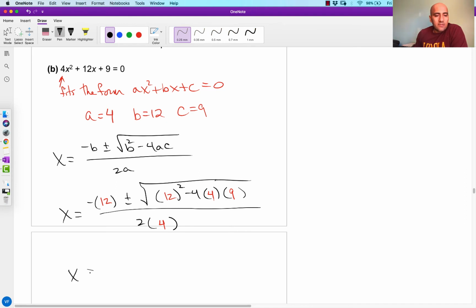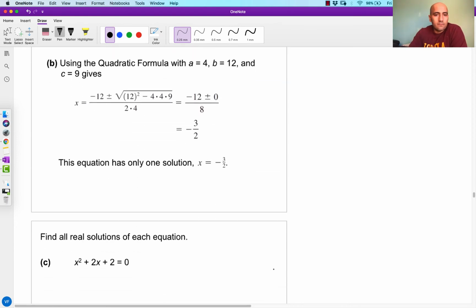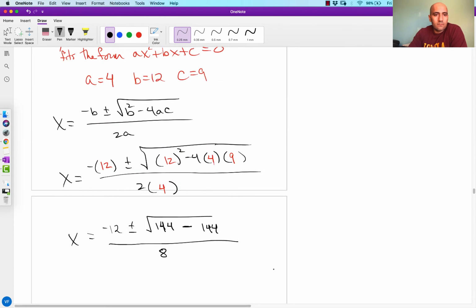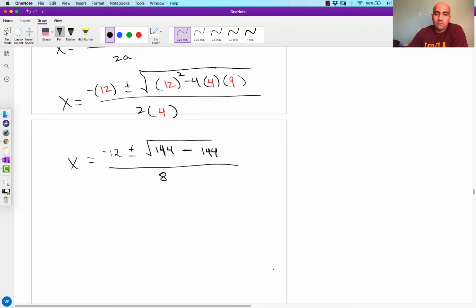Okay, so we get that x equals negative 12 plus or minus the square root of 144 minus 16 times 9, which is 144, all over 8. So 144 minus 144, this just becomes 0.